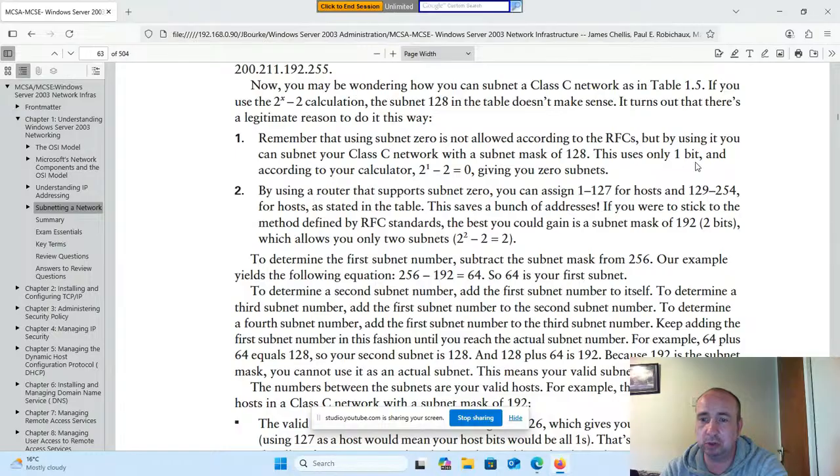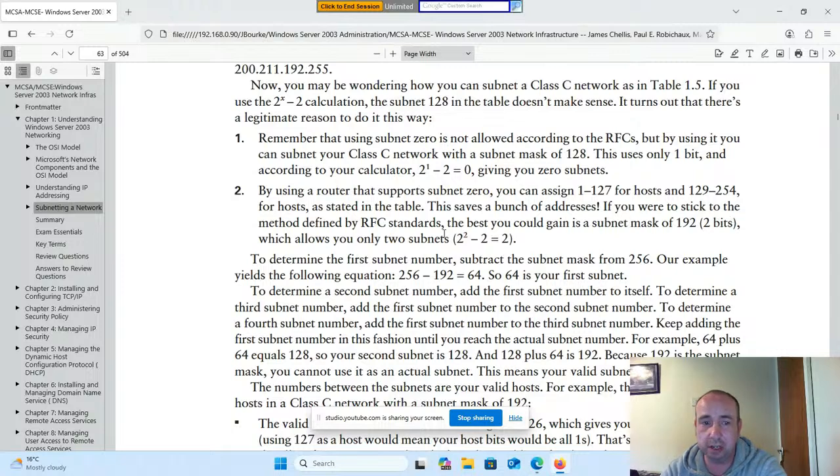This uses only one bit, and according to your calculator, 2^1 minus 2 equals 0, giving you 0 subnets. By using a router that supports subnet 0, you can assign 1 through 127 for hosts and 129 through 254 for hosts as stated in the table. This saves a bunch of addresses.